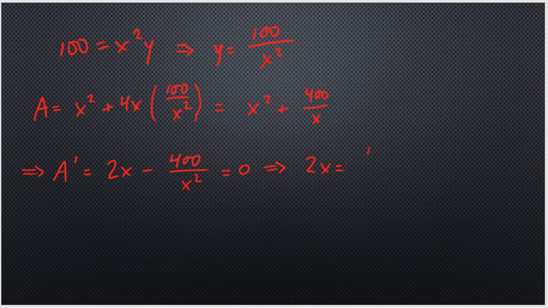We find that 2x is equal to 400 over x squared. We can multiply both sides by the x squared, and we get 2x cubed is equal to 400.